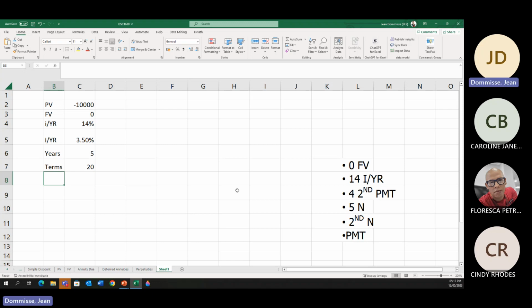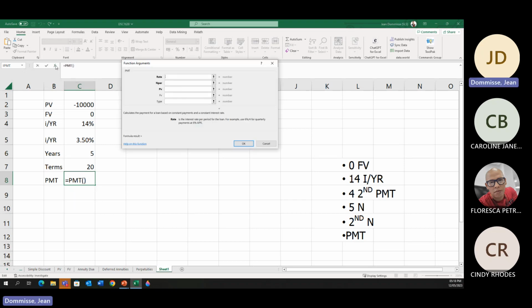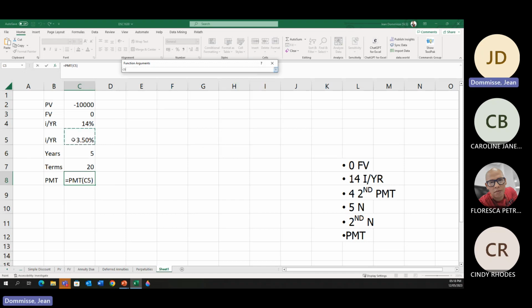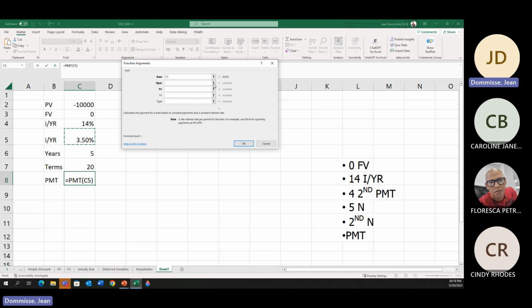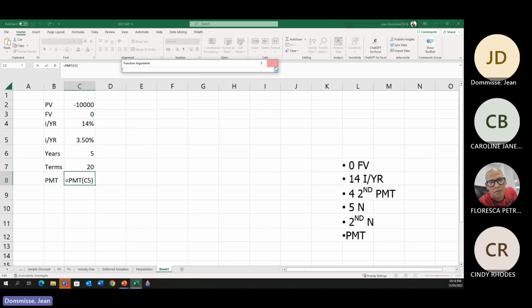Okay, the only thing that is left is that we need to calculate the PMT, so there needs to be a PMT function. Let's do that. The rate is 3.5, so we have already changed the rate into what it will be.